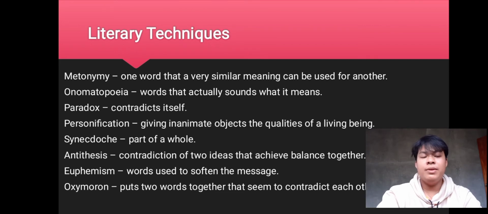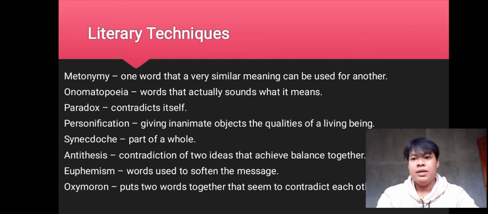The next literary technique is metonymy. So what do you mean by metonymy? Metonymy is when one word with a very similar meaning can be used for another. To illustrate further, it is a type of figure of speech in which one object or idea takes the place of another with which it has a close association.